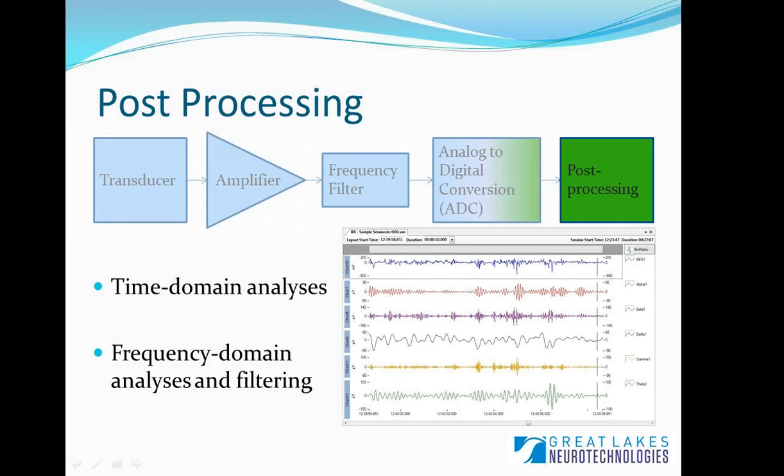There is also a different domain called the frequency domain, and this is where you're actually looking at the frequency components of the signal that are produced. Both of these viewing options can be really useful. You can learn a lot from the time domain, and you can also learn a lot of really interesting and useful information from the frequency domain as well.